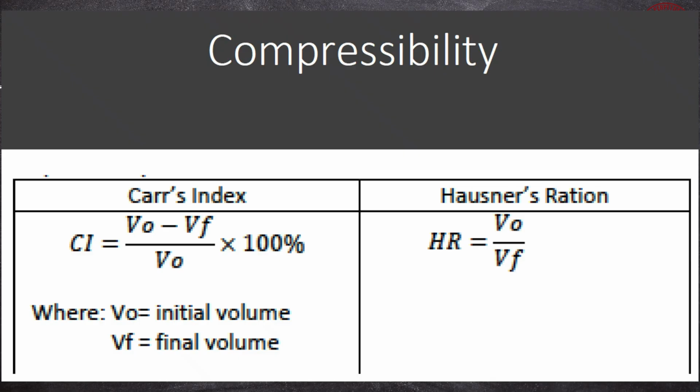If the Carr's index is low and the Hausner's ratio is close to 1, that means the powder has excellent flow and compressibility. But if the values are high, the powder is too cohesive. Mahirap i-compress, mahirap i-tablet. Kaya kapag nag-formulate ka, tandaan mo, the numbers tell the story. Behind every perfect tablet lies the balance between flow and compression.